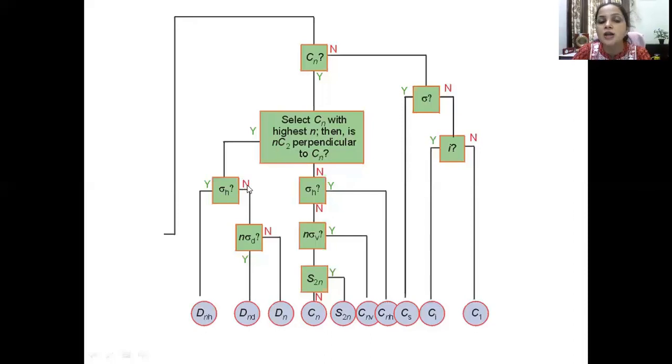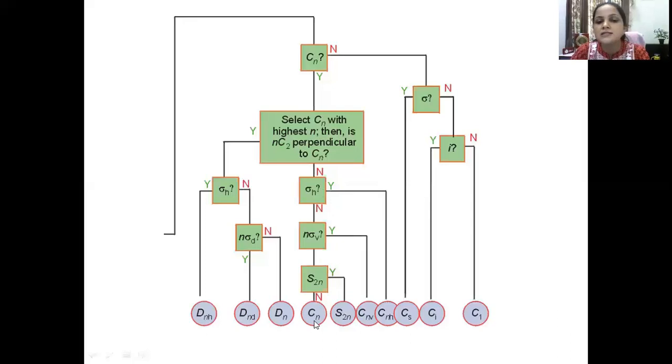If it is not a horizontal plane but a dihedral plane, then the point group will be Dnd. And if there is no horizontal plane, no dihedral plane, then the point group will be Dn. And if there is no C2 perpendicular to the Cn axis, then the point group will be in the Cn category.